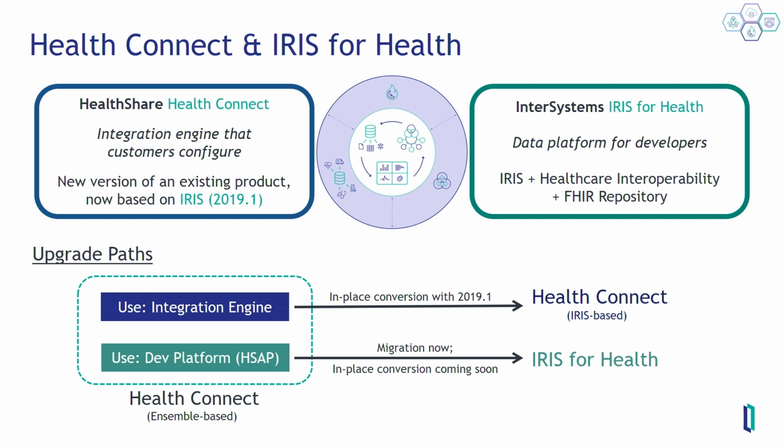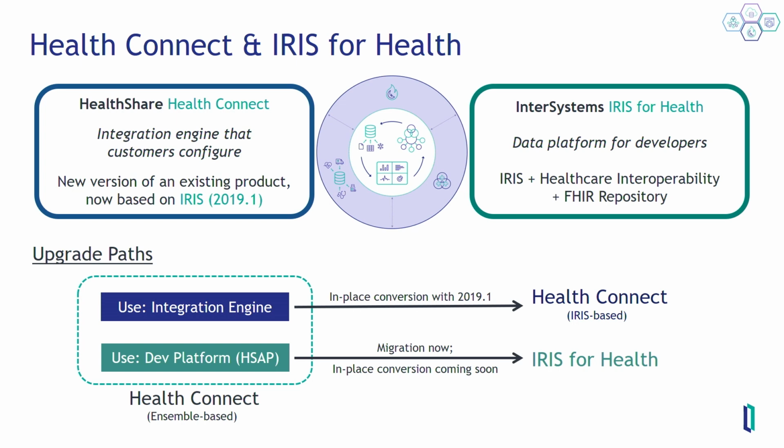For those customers who are currently using Health Connect as a development platform, we don't yet have an in-place conversion mechanism, but it's coming very soon, directly to Iris for Health. If you have a need to upgrade right now, we also have a manual migration procedure that you can make use of. So these are the key differences.